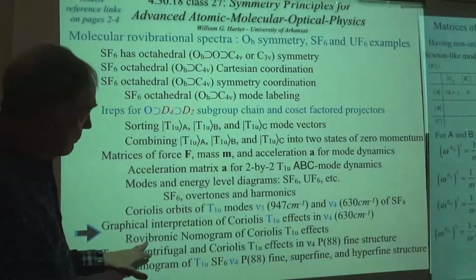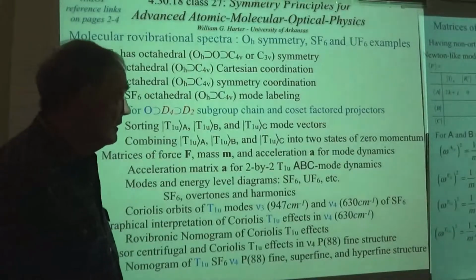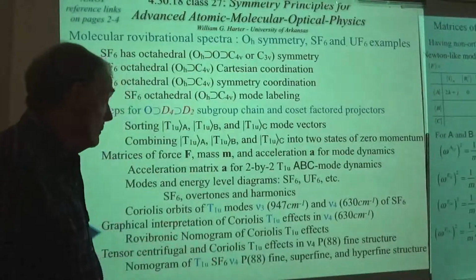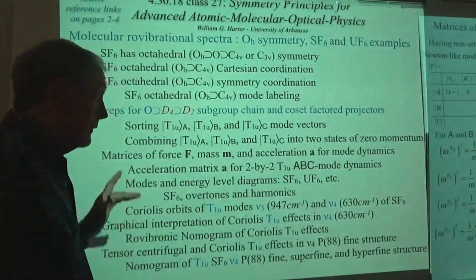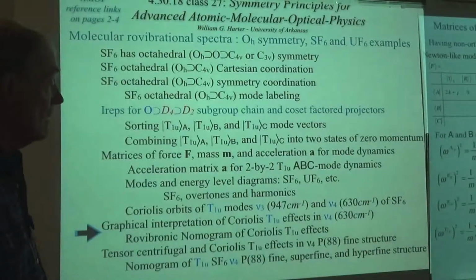But I want to show you a rovibronic nomogram that I put in one of my earliest papers, and it's only now being used because now they're doing two-dimensional spectroscopy, but the nomogram was good for any dimensional spectroscopy, as you'll see. And let's have a gander at that in just a minute here.